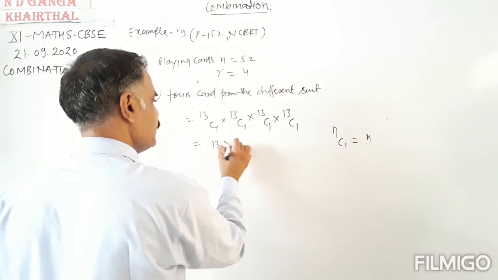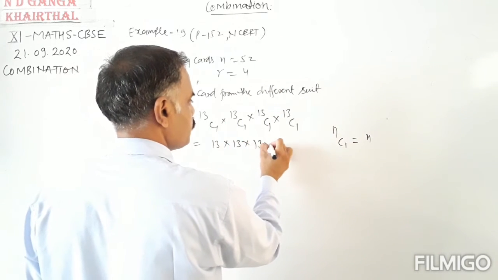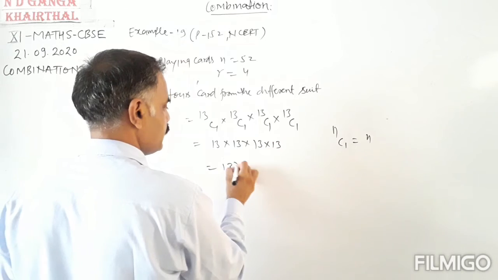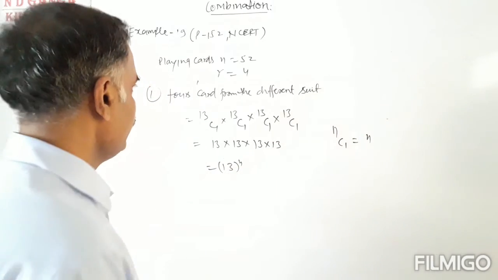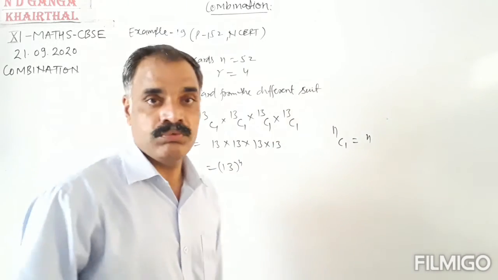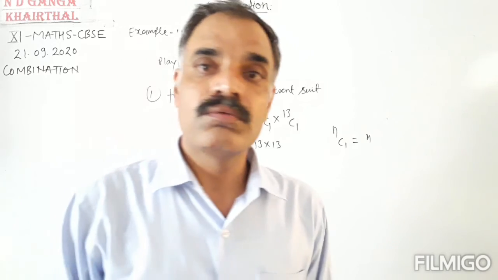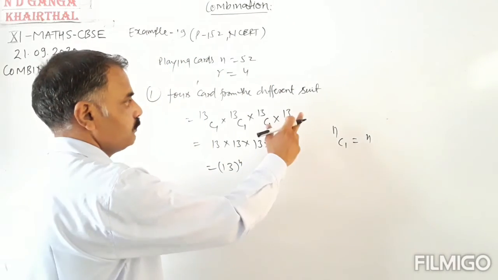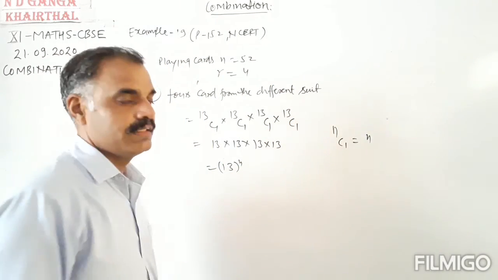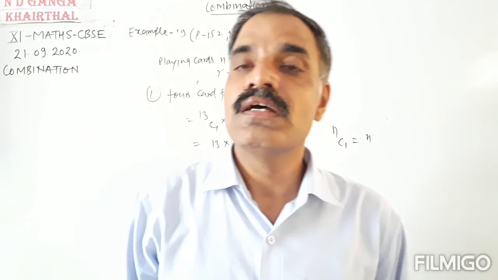So it is 13 into 13 into 13 into 13, that is 13 to the power 4. So when we select 4 cards from different suits, the total number of combinations is 13 to the power 4. This is the second part.